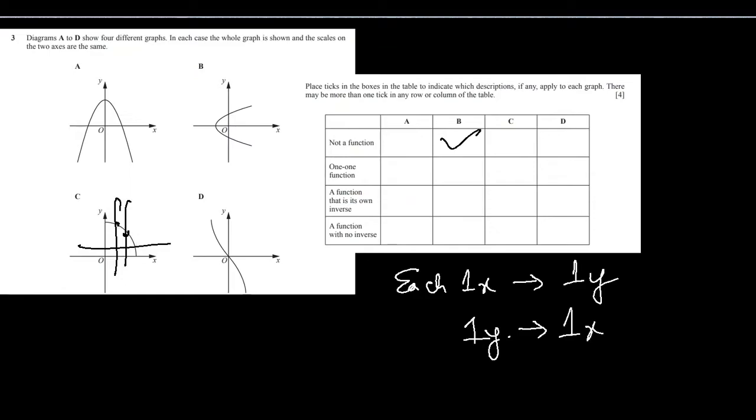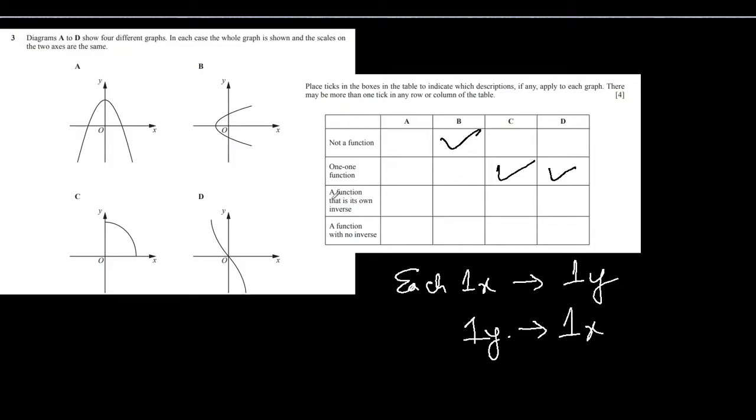That means one x has one y, and C is okay. Next, this one also has, even if I draw vertical line or horizontal line, every time these lines cross that specific graph at one point. So only 1 point. So D is also 1 to 1.